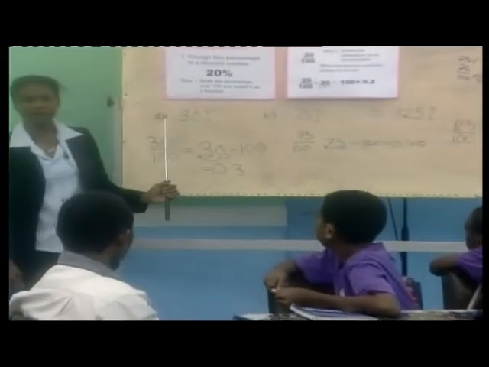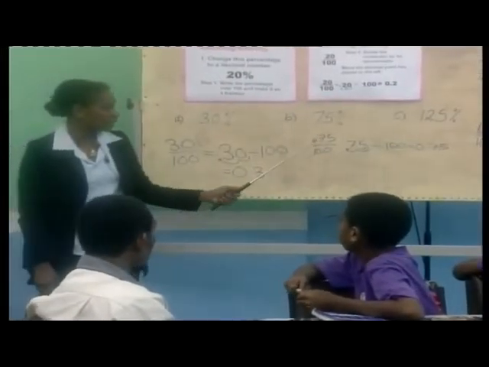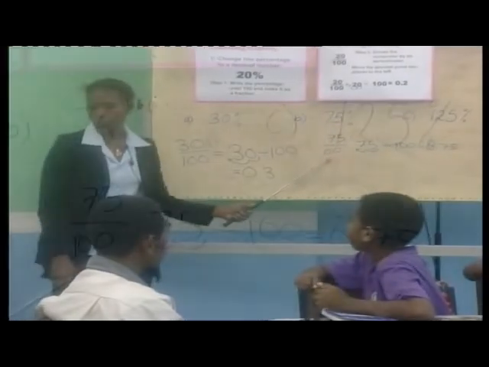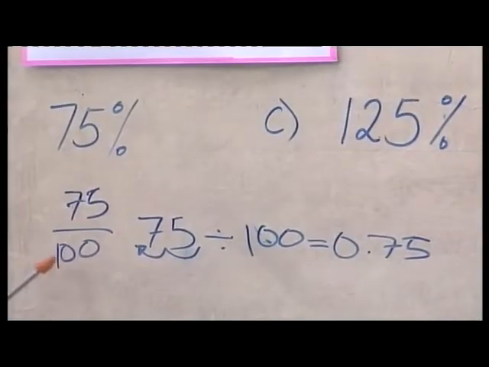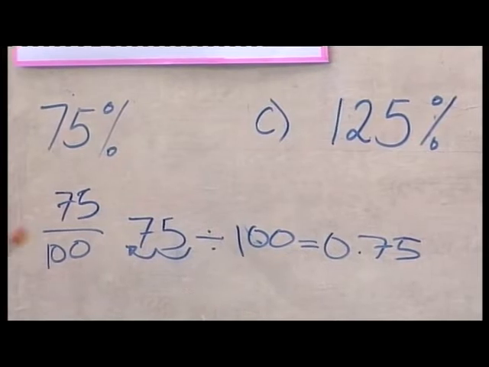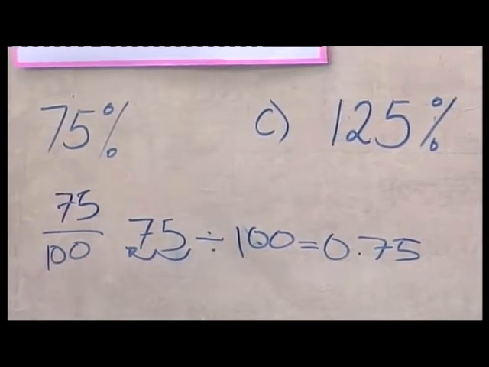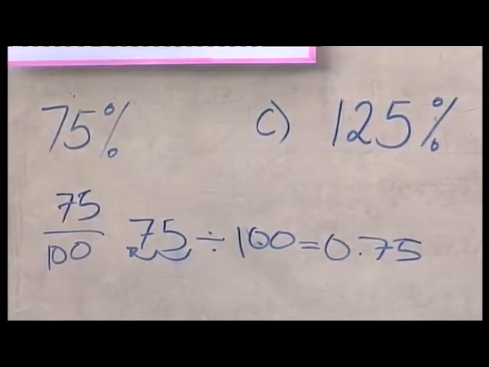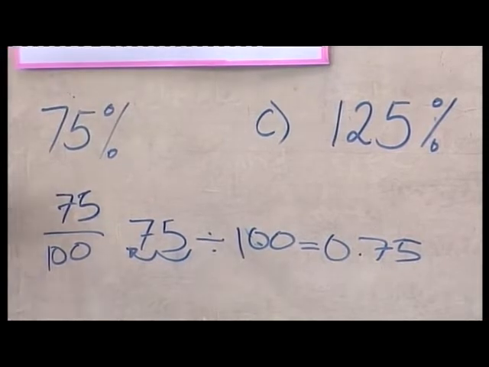Exercise B, 75%. 75 over 100. Is there anything missing from this working out here? Yes, what is it? Equal sign. Don't forget.